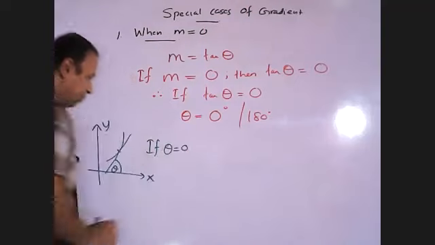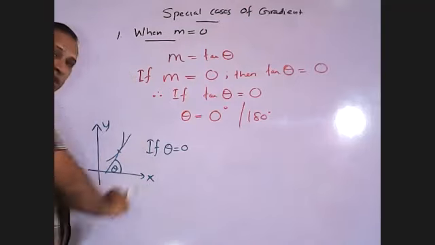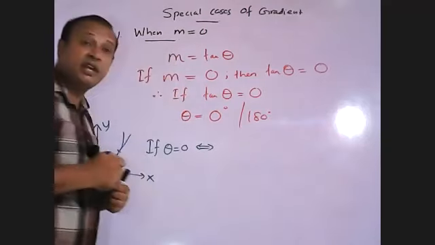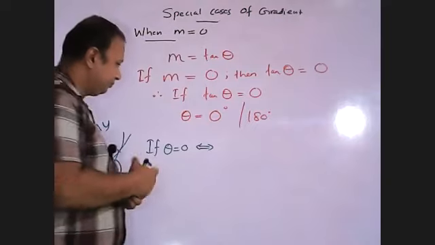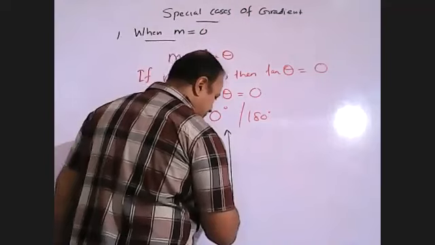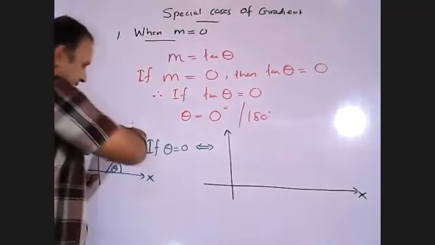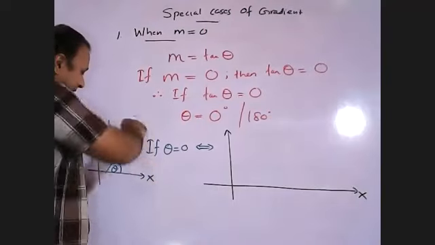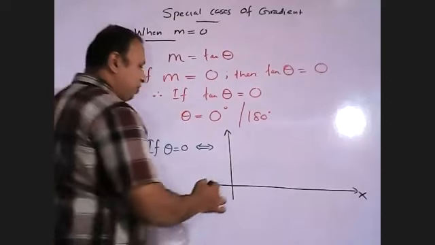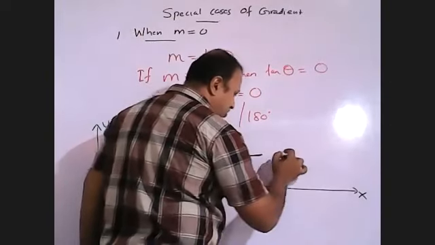If theta is equal to 0, that means this tangent should be equal to 0. Therefore, we will have this kind of graph. If this is equal to 0, the tangent and the x-axis should be parallel to each other. Therefore, this should be parallel.